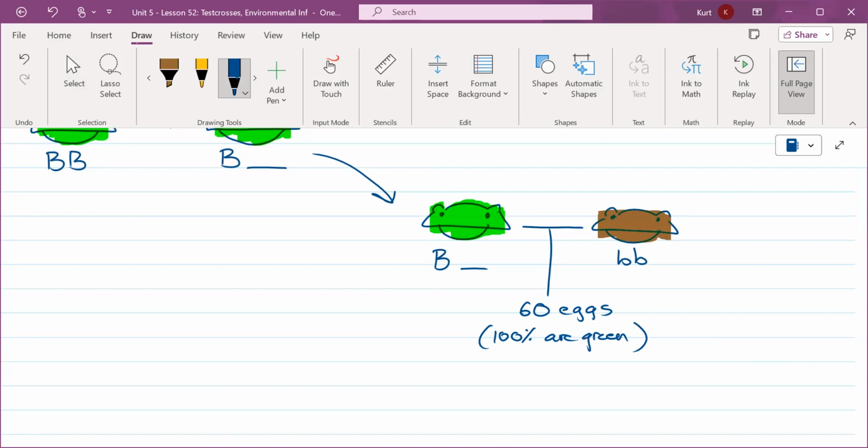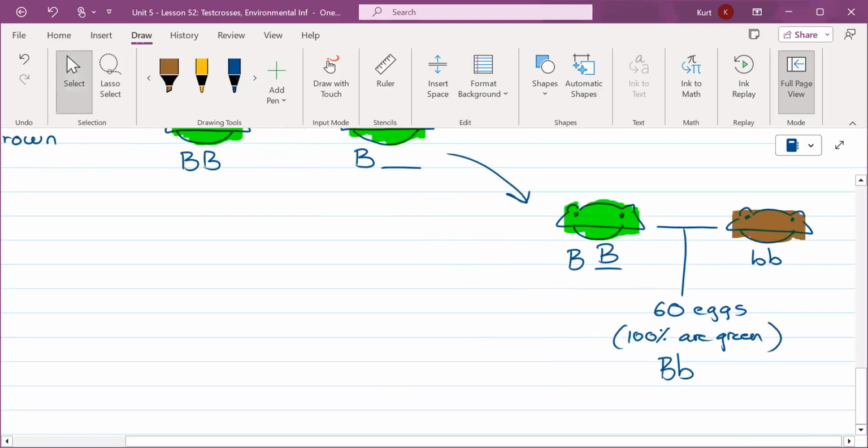If 100% of the 60 frogs are green, what could you conclude this mysterious green frog's genotype is? I would agree that it would be homozygous dominant. And what would all these babies in the F1 generation be? Heterozygous. Very good.